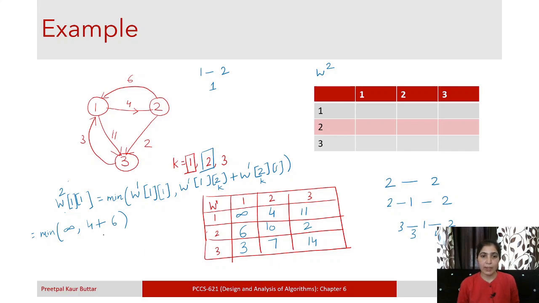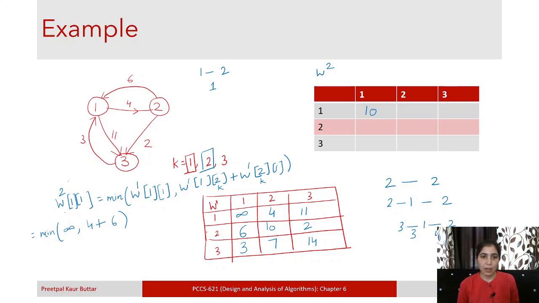Oh, we are getting a better path from 1 to 1 and the distance is 10 using intermediate vertex 2. Okay, so let us look at it. It is 1 to 2. Intermediate vertex is 2. 1 to 2, 4. 2 to 1, 6. Right?